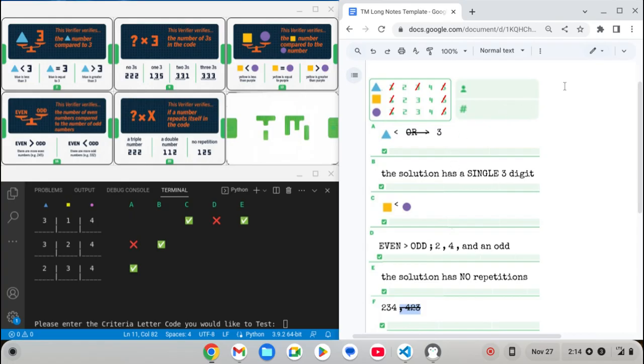And now let's cross out the 4 in triangle, establishing square as 3. And that would mean that circle is 4. And so it looks like our 2, 3, 4 is our answer choice.